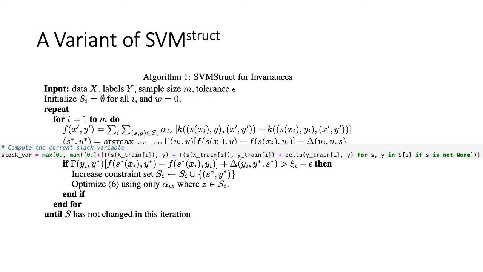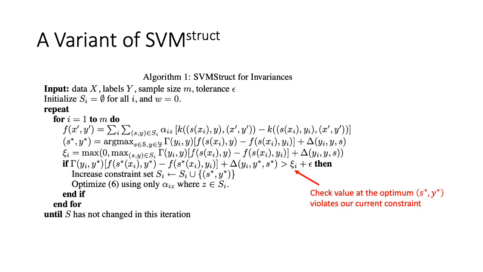If you were to do this, you could just use the functions that you've built up already, go through your working constraint set for the current example, and then store your slack variable. We do the if check, basically just plug the equation in, check it against your slack variable. It's a pretty simple if statement.